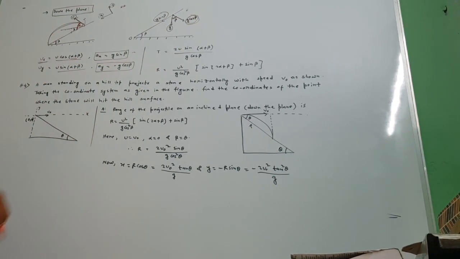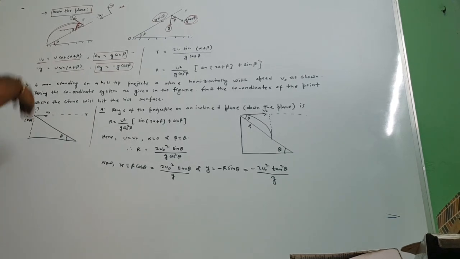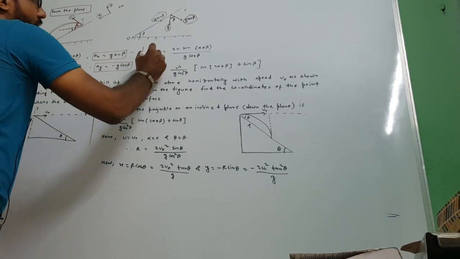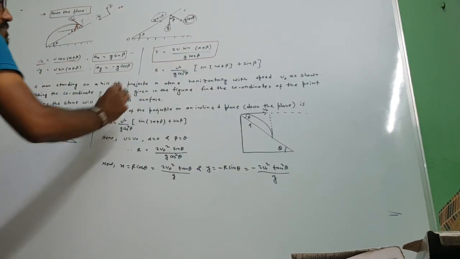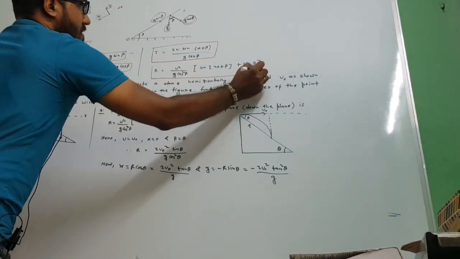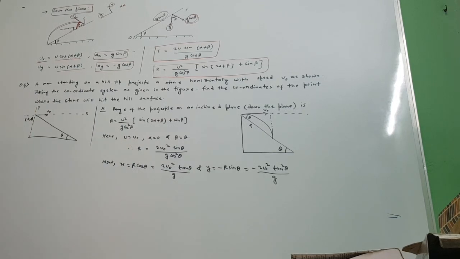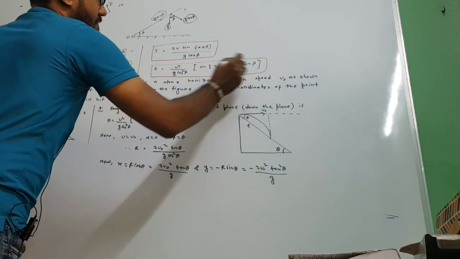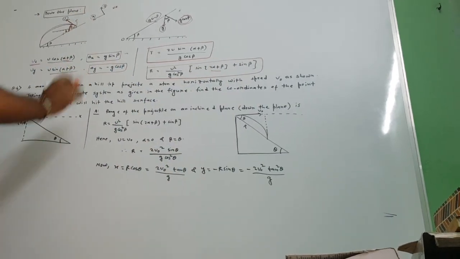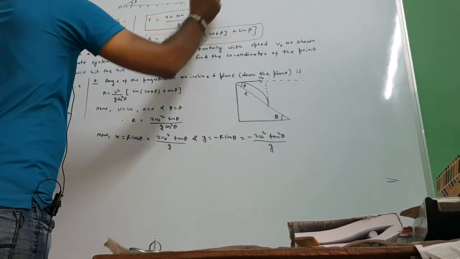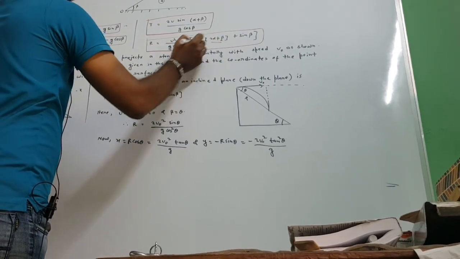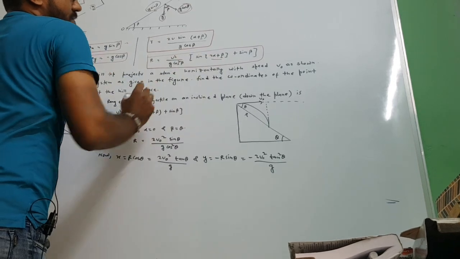Proceed as we have proceeded in the earlier case for up the plane motion. You will find that the time of flight would be 2u sin(alpha plus beta) by g cos beta, and the range as this thing, u square by g cos square beta, sin(2 alpha plus beta) plus sin beta. If you have noticed one thing, for up the plane it has a minus sign here, it has a minus sign here, but we have a plus sign here.